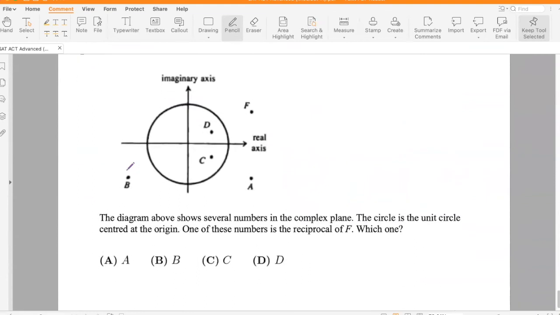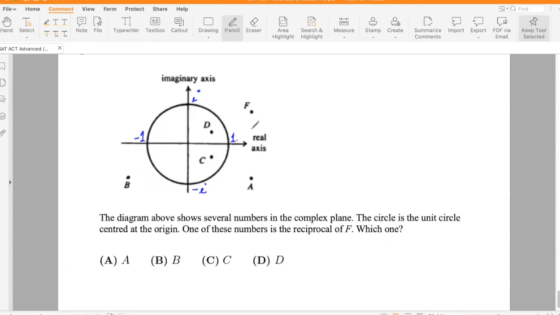The diagram above shows several numbers in the complex plane. The circle is the unit circle centered at the origin. One of these numbers is the reciprocal of f. Which one? Okay, so this is the unit circle. So on the real axis, this would be 1, and this would be i, this would be -1, and this would be -i.